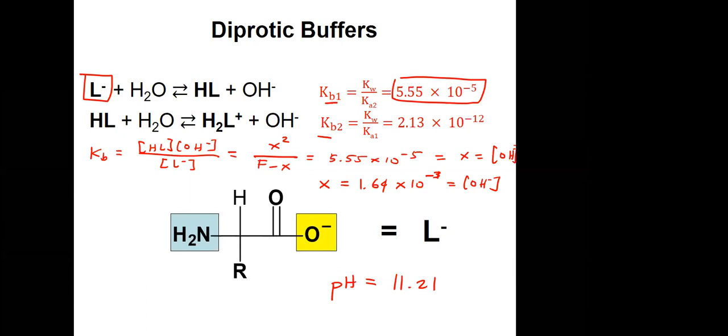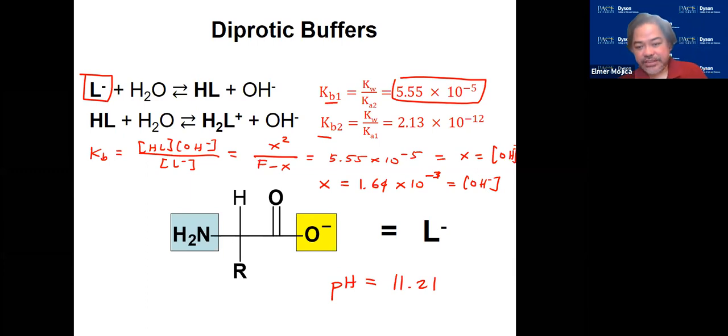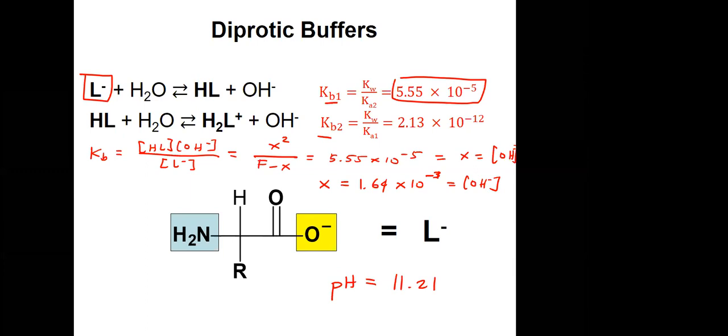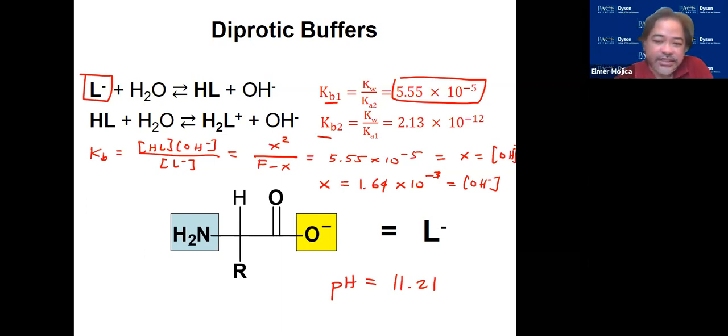Yes. So I get the pOH first, and then from that, I get the pH. How did you get the pOH again? I'm getting something different. I don't know where I'm messing up. The pOH is just the negative log of 1.64 times 10 to the negative 3.